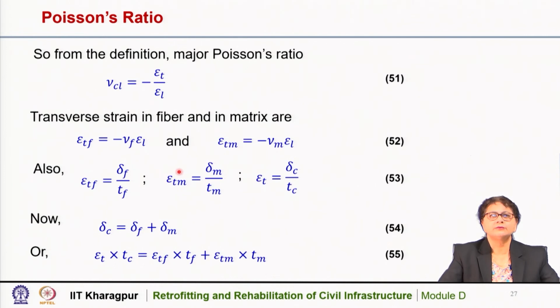So, from the definition, the major Poisson's ratio can be written as the lateral strain by the longitudinal strain.